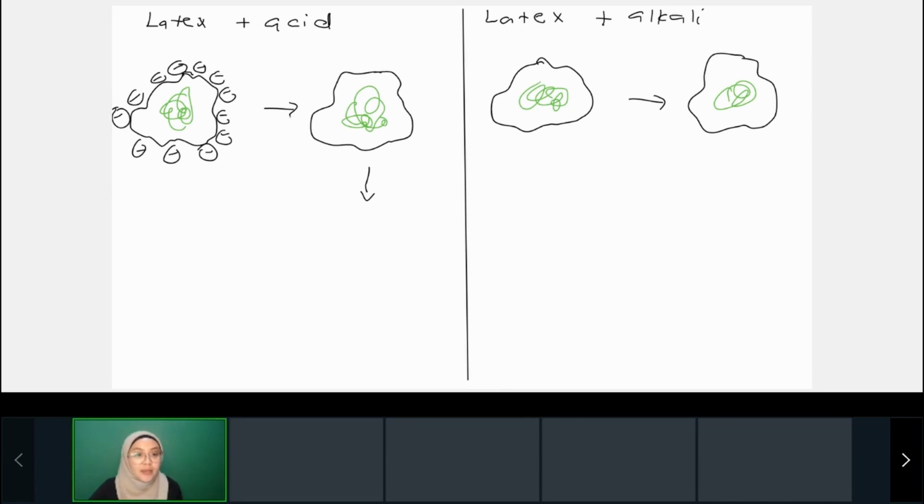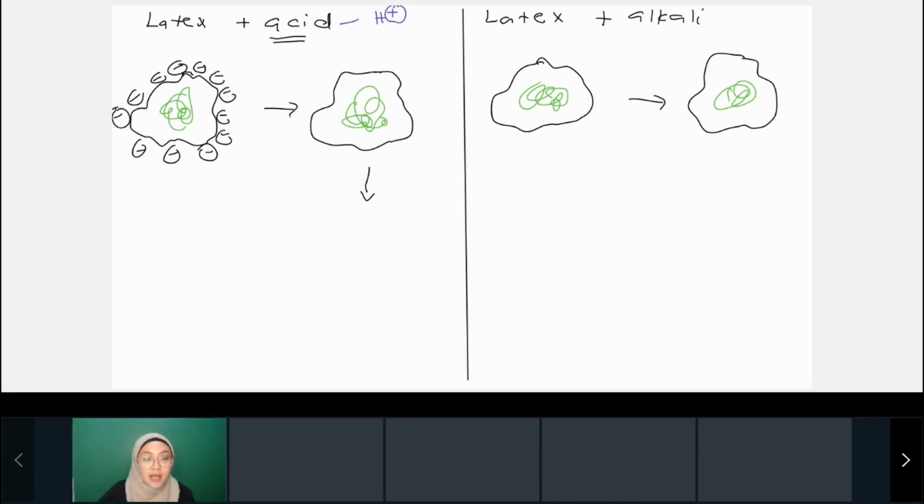Okay, so if you add an acid, you will give the hydrogen ion, a positive charge.